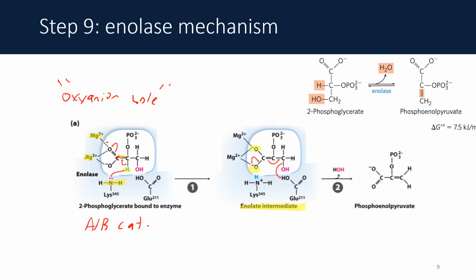So we can relieve that stress through an electronic rearrangement where one of those lone pairs on one of those oxygens will fall back down, and that's going to break the pi system that we just formed between those 2 carbons.